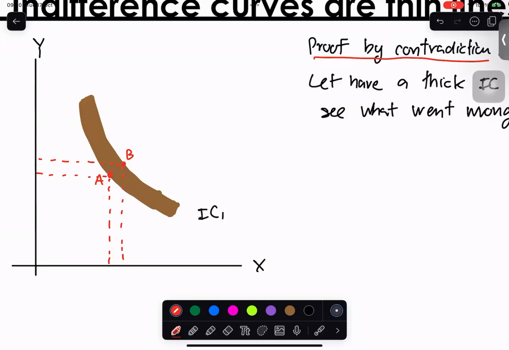A contains X1, Y1 units. B contains X2 and Y2 units.